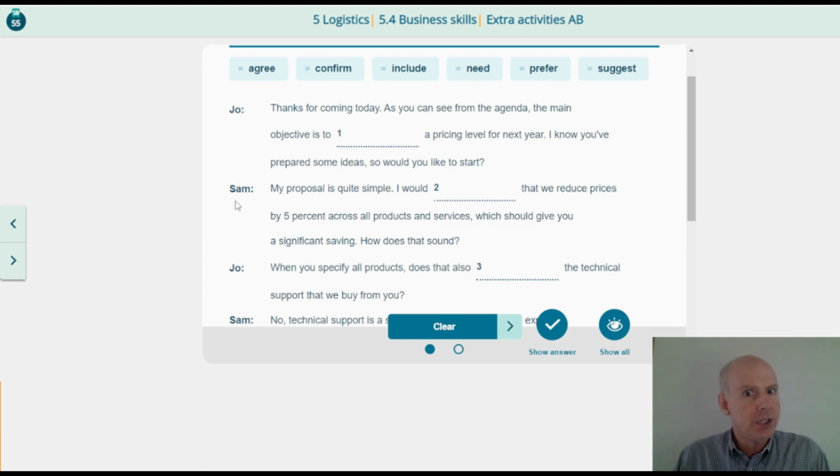They have a relationship already. They work in different companies, but they are trying to negotiate better terms. Better terms for whom? Thanks for coming today. As you can see from the agenda, the main objective is to a pricing level for next year.